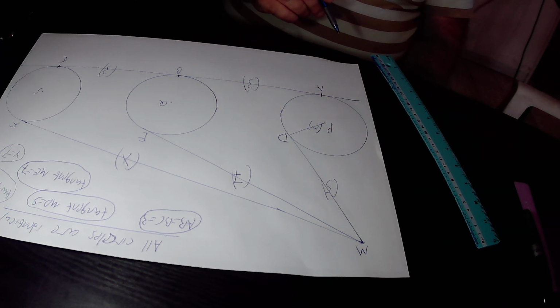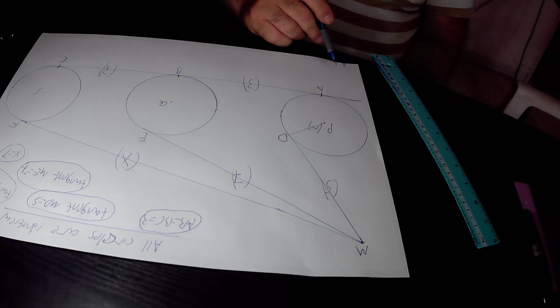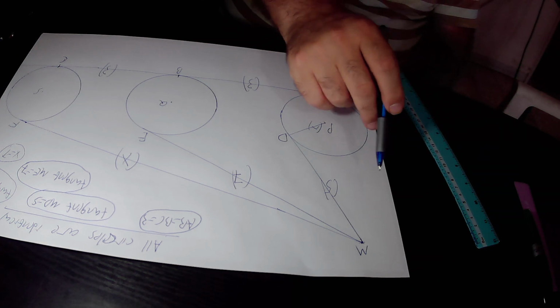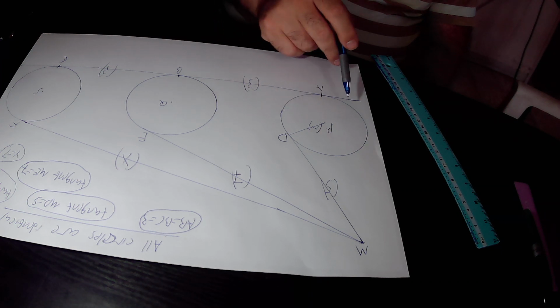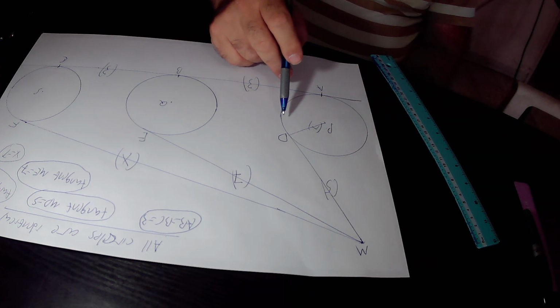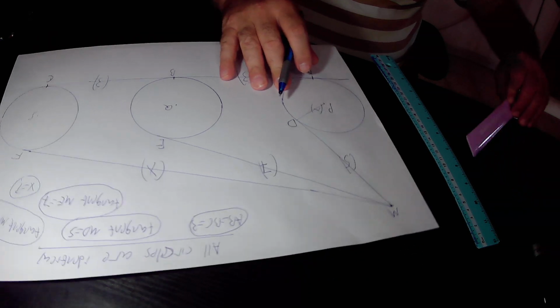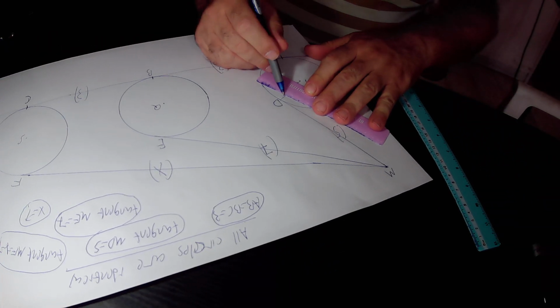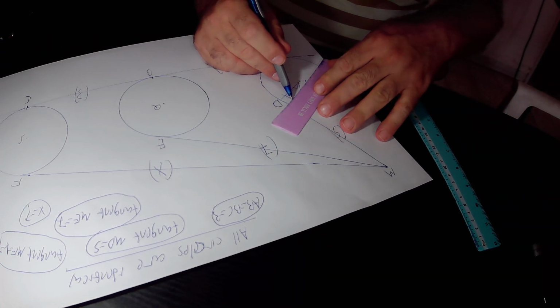And whenever you have a radius that is drawn to the point of tangency, then according to rule 1, tangent MD will be perpendicular to the radius DP. If MD is perpendicular to DP, it means that this angle equals 90 degrees according to rule 1.